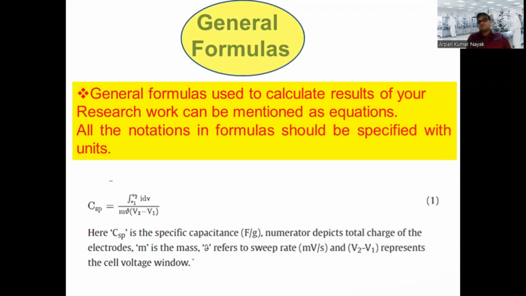But be sure that when you write any formula, each term of that formula is specified with its unit. As an example, here I mentioned CSP, and you can see CSP is the specific capacitance, with the unit mentioned. Similarly, for each term we have to give what it is and also its unit. So that is about your general formulas.